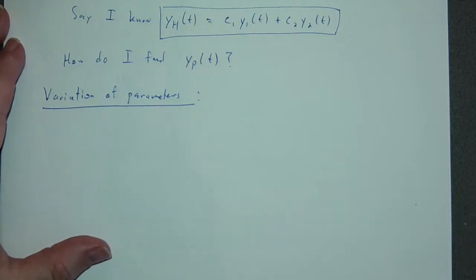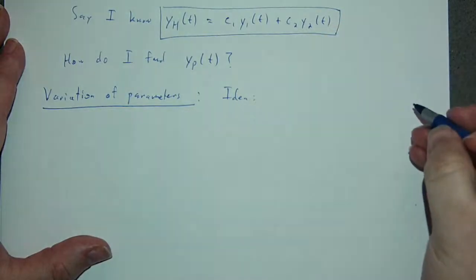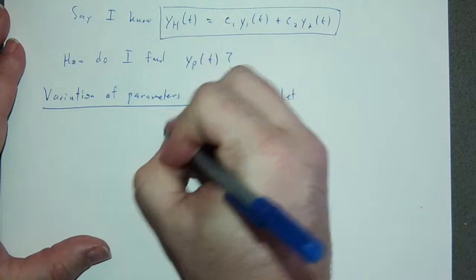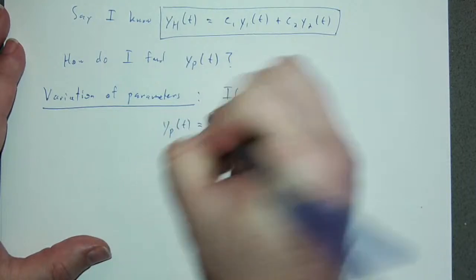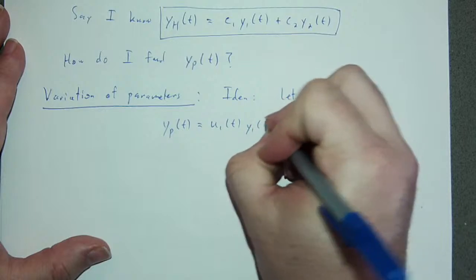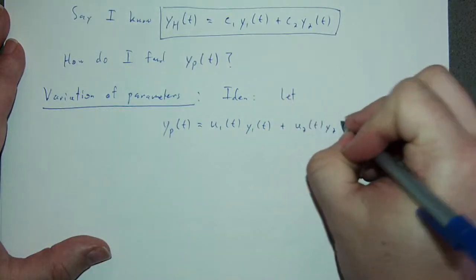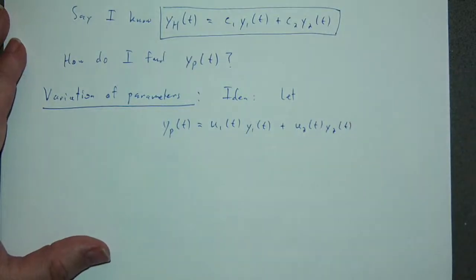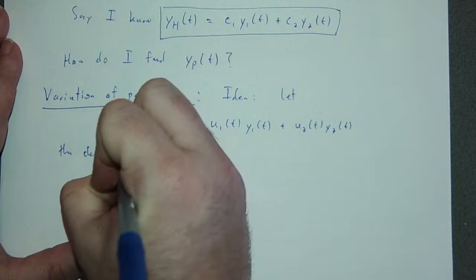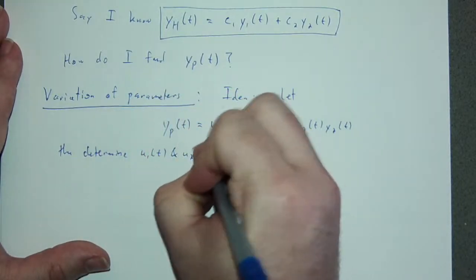So what is the idea? The idea is to let y sub p of t be equal to u1 of t, y1 of t, plus u2 of t, y2 of t. Then determine u1 of t and u2 of t.